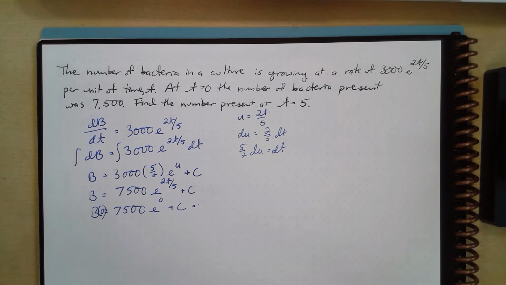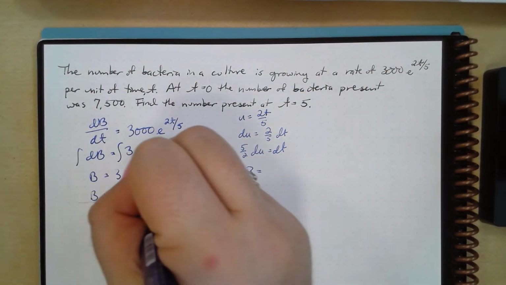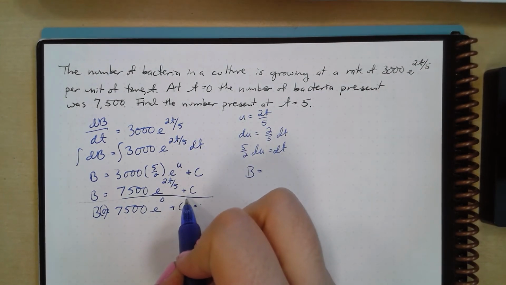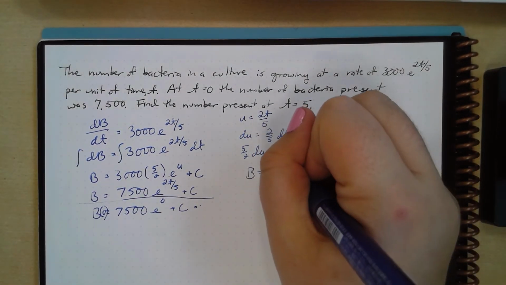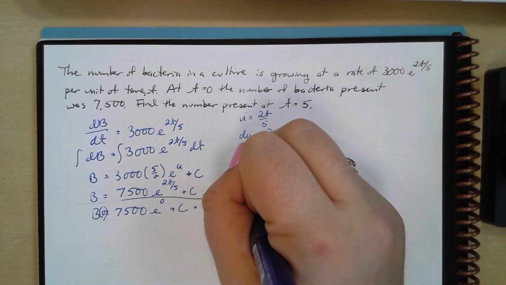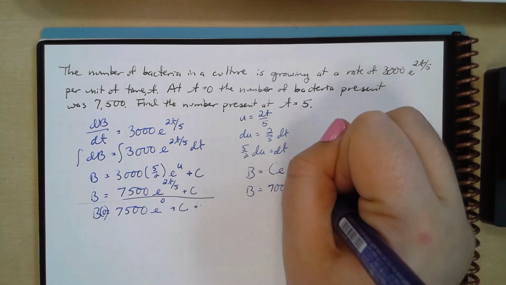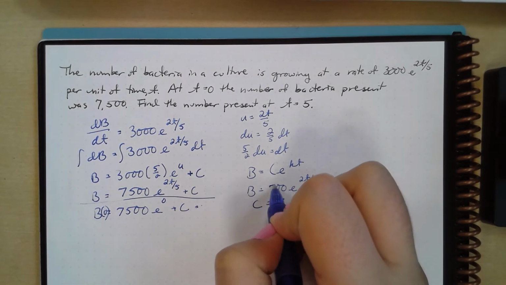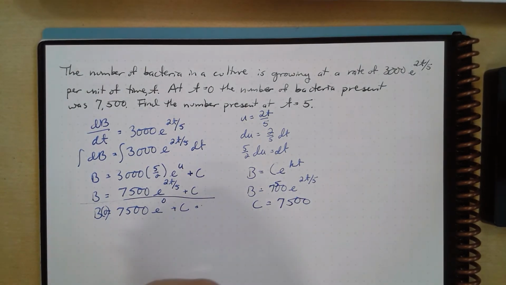Sorry, I'm kind of making a mess of this, but basically B in this equation is in the form B equals C e to the kt, right? So B is equal to 7,500 e to the 2t over 5. So when t is 0, C is equal to 7,500. I made a mess of that, but anyway, I think you see the point there.